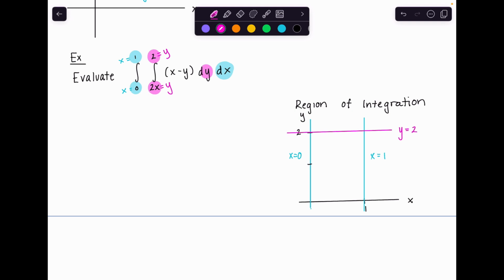And then if I graph y equals 2x, that's a line with slope 2. It goes through the origin. Slope 2 would mean up 2 over 1. Or really, when you plug in 1, the output for y is 2. So this is the line y equals 2x.